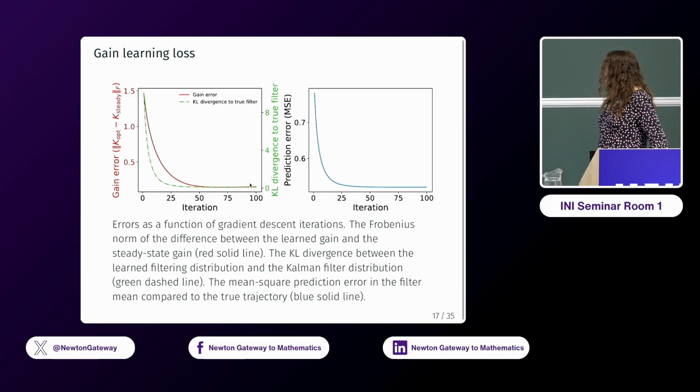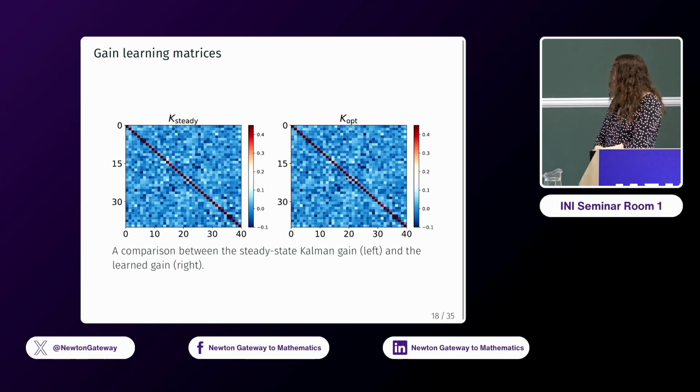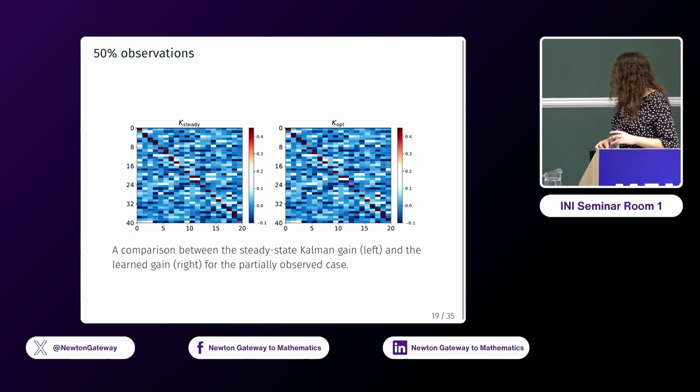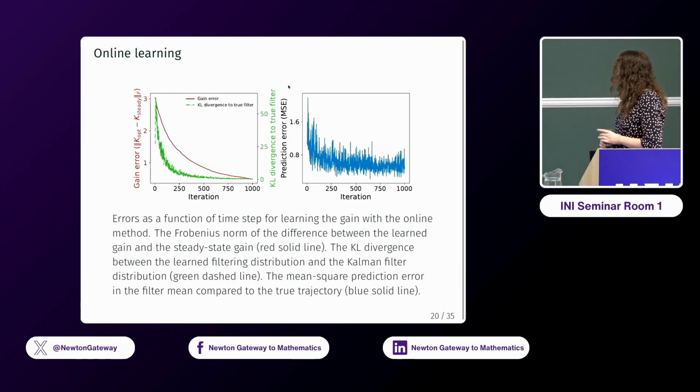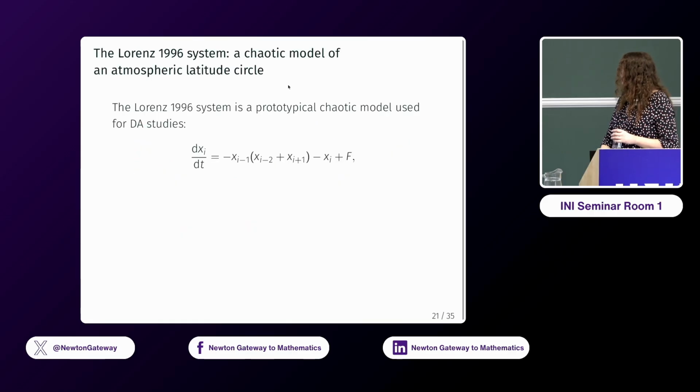Here we have the error as a function of gradient descent iterations when comparing to the true steady state gain, as well as prediction error. We seem to be doing pretty well. This is the true analytical gain, and this is what we learn, and they look visually indistinguishable. They're very close. We can also do this in a partially observed case, using the online method.